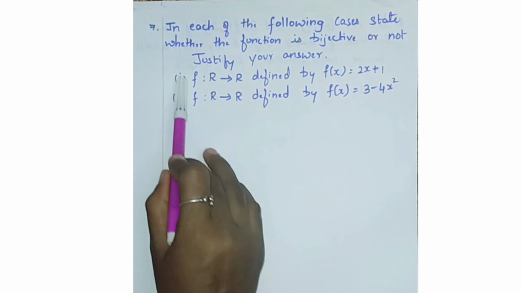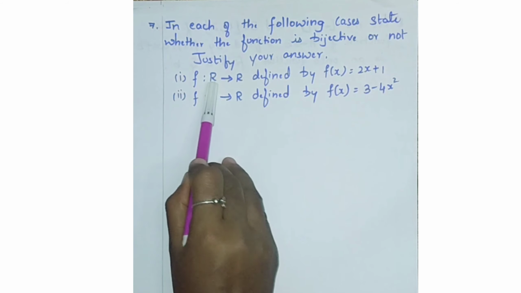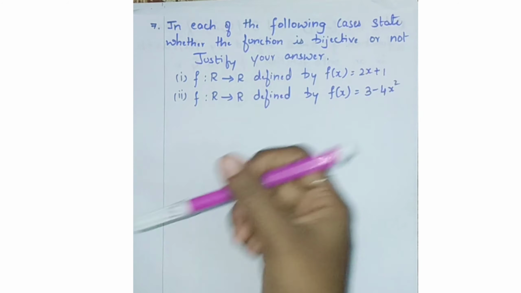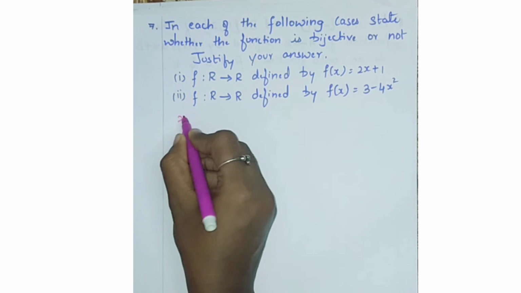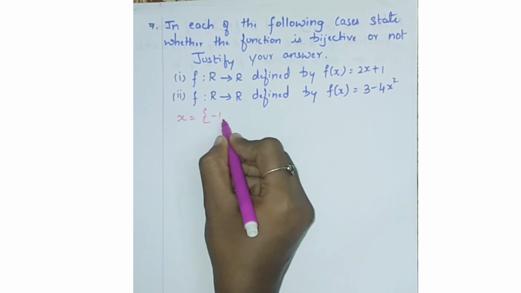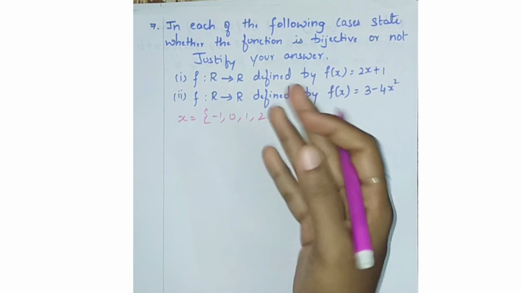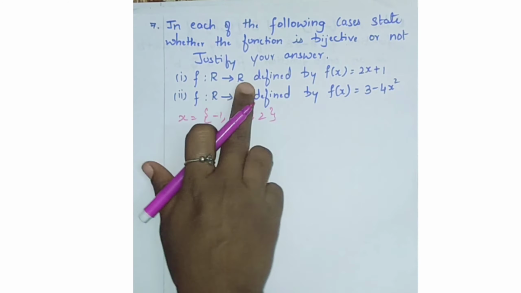So what we'll do, we'll take some random real numbers and find the f of x value. Let's say I'll take x as minus 1, 0, 1, 2, etc. They didn't give these; I have taken some random real numbers.